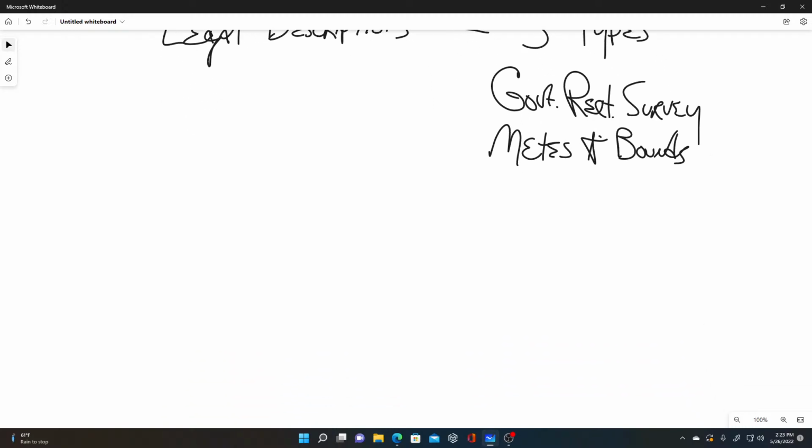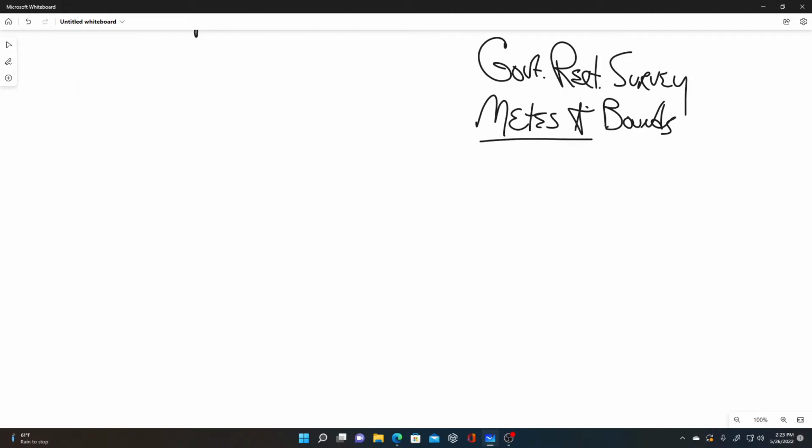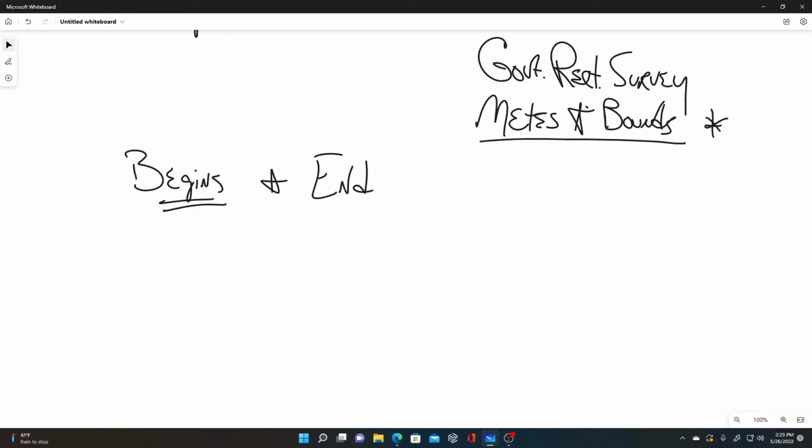This is the one item you need to know about the metes and bounds legal description. It always, make a good note of that, it always begins and it ends at what we call the POB, the point of beginning.